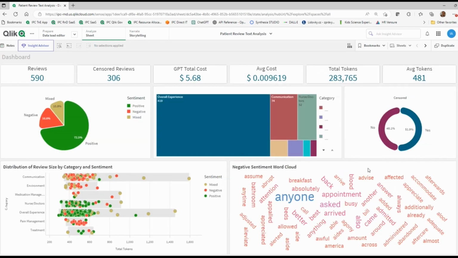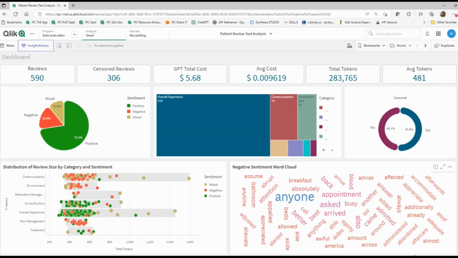A little over 50% of the messages were censored, meaning they contained identifiable information that was removed, and a little less than 50%, of course, were not.